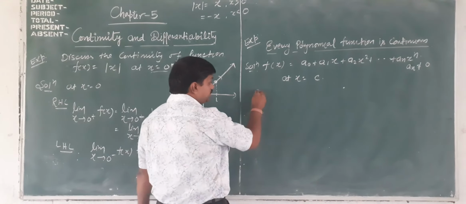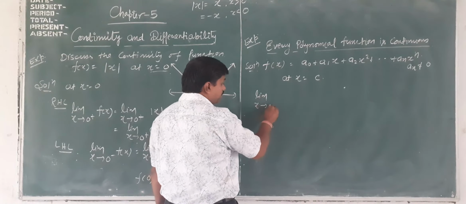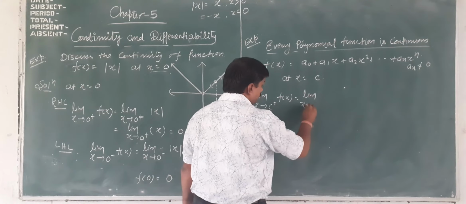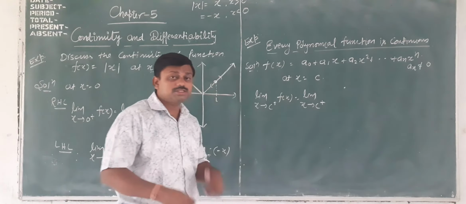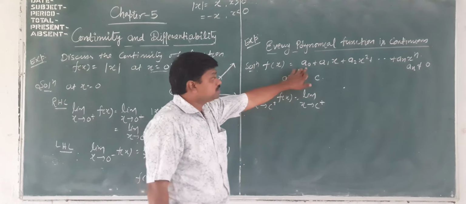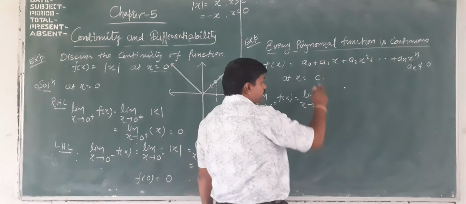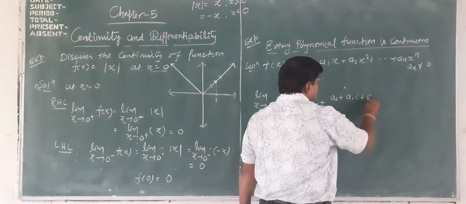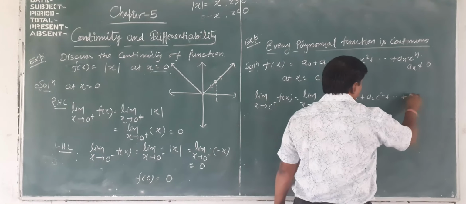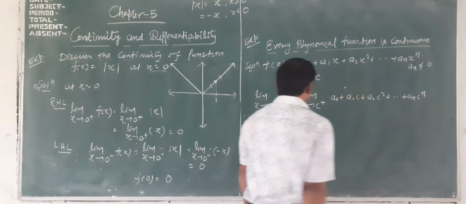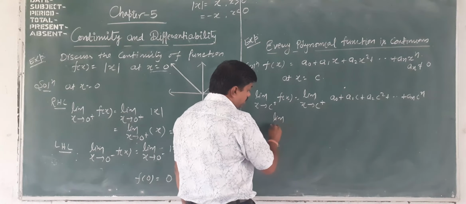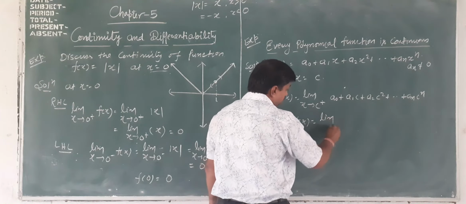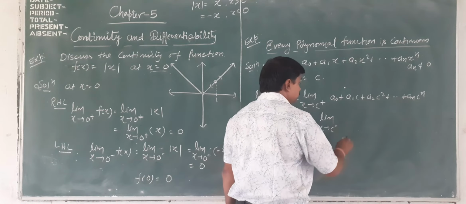So at x equal to c, we will check its right hand limit. For c plus or c minus, the function is the same. So we will put the limit of that function at x equal to c. We will get the value a0 plus a1c plus a2c square plus ... plus an c to the power n. Similarly, we can find the left hand limit of the function at x equal to c.